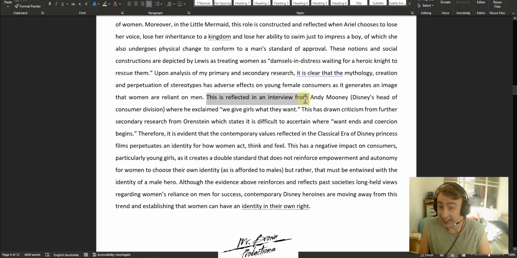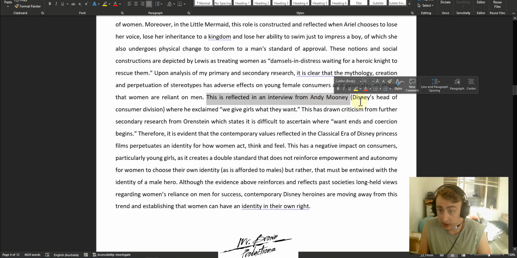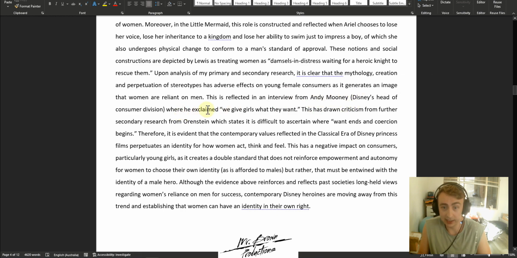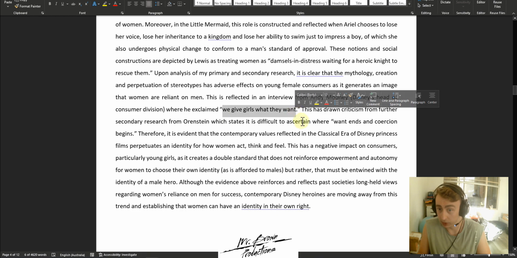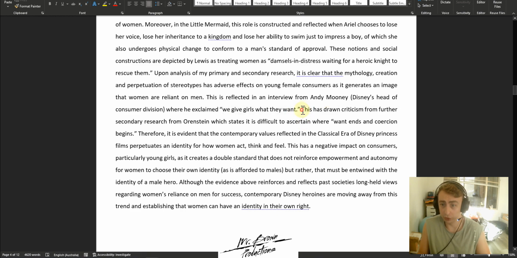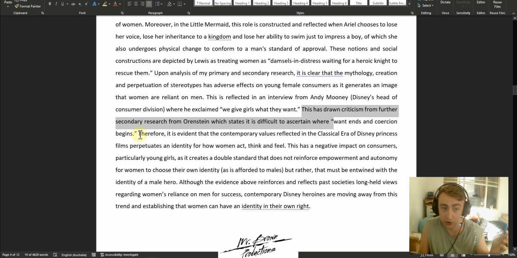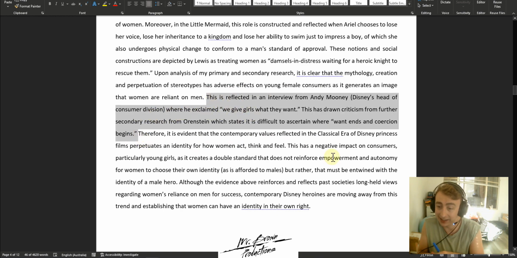This is reflected in an interview from Angie Mooney, who's Disney's head of consumer division, where he exclaimed, "We give girls what they want." This has drawn criticism from further secondary research, which states it is difficult to ascertain where want ends and coercion begins. So we can see here that even upon their analysis of data, they're still synthesizing, which is really good to do.